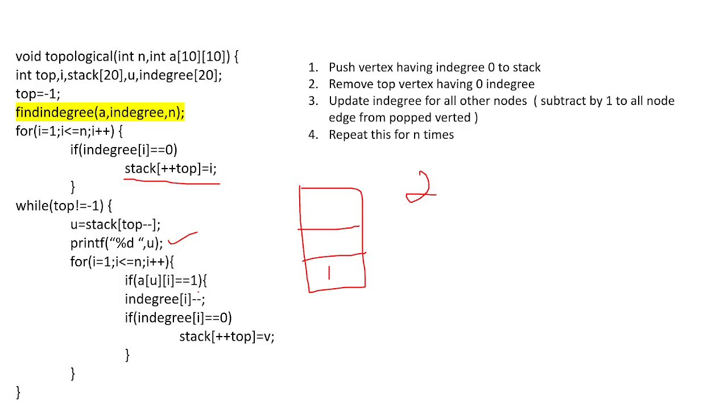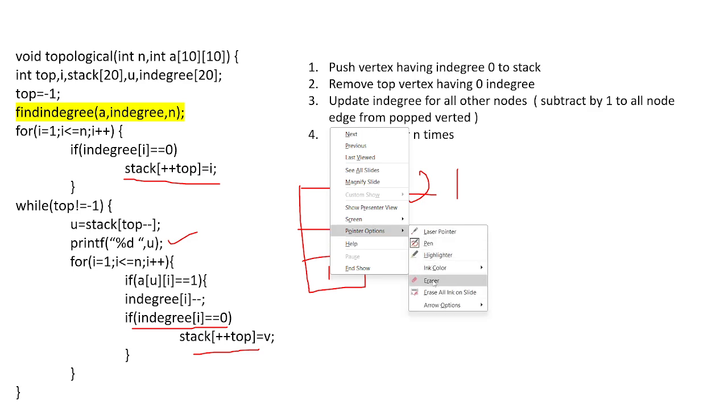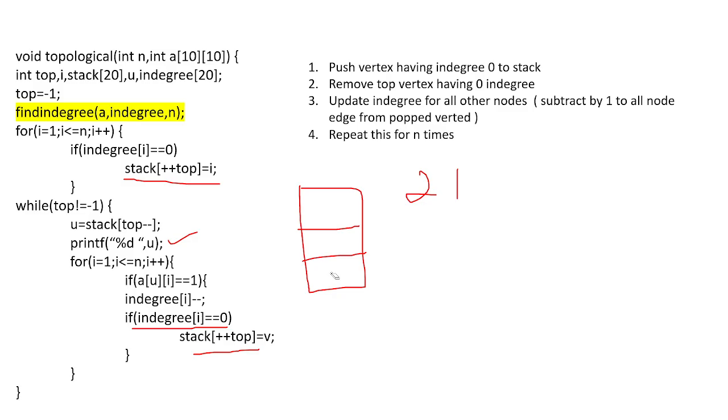As I explained earlier, for whichever vertex has an edge originating from 2, you subtract. Whenever the in-degree becomes 0, add that into the stack. Now nothing is there to add, so 1 you are removing from the stack, and 1 you have to remove from this also. Again, same process. 2, 1, then 3 will come, 4 will come, then 5.